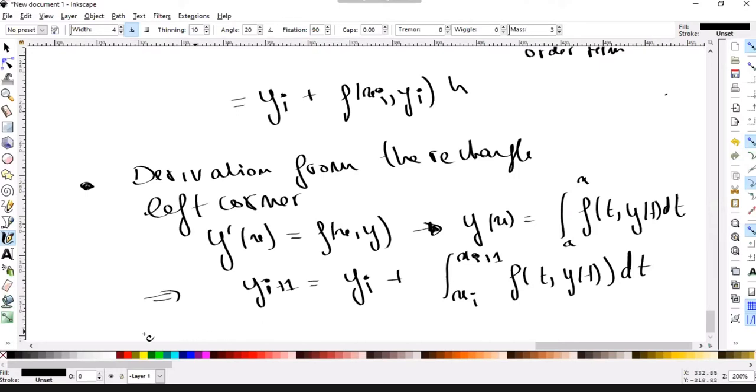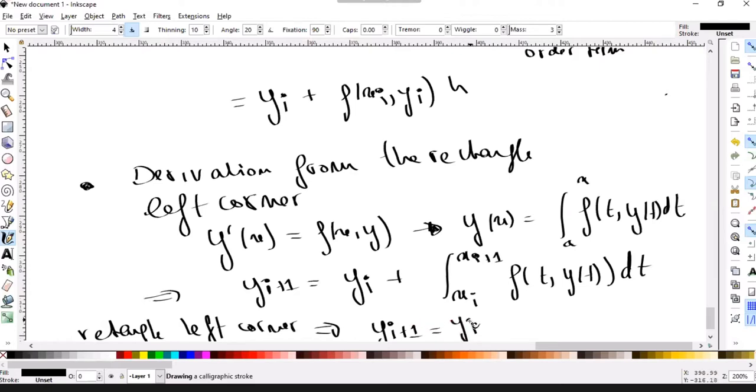Now if you apply the rectangle left corner rule, I get that y of i plus 1 is equal to y i plus h f of x i, y i.